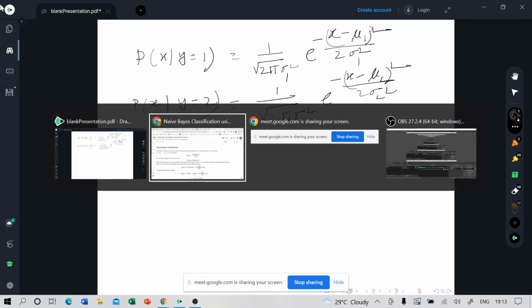In machine learning, if a model has more parameters, then it requires more data to estimate those parameters with some accuracy. So it is sometimes preferable, especially when the amount of data is very small, to use a model which has very few parameters. Naive Bayes is one such model.